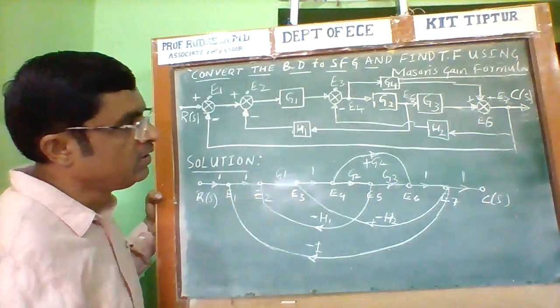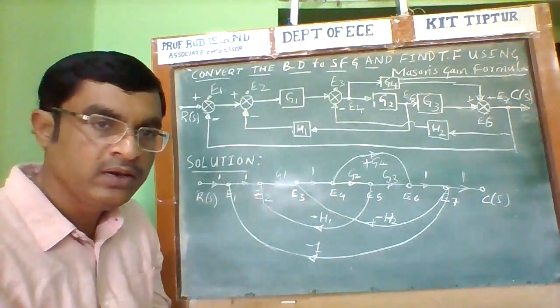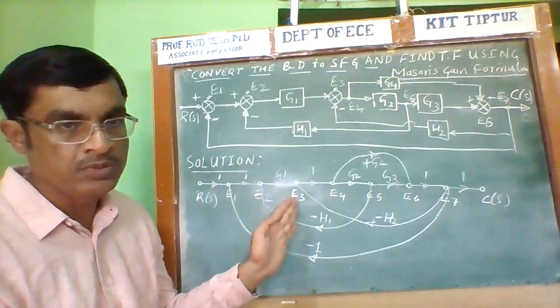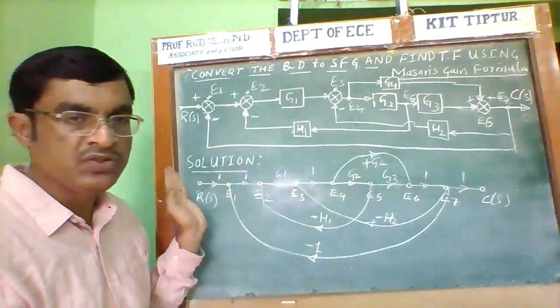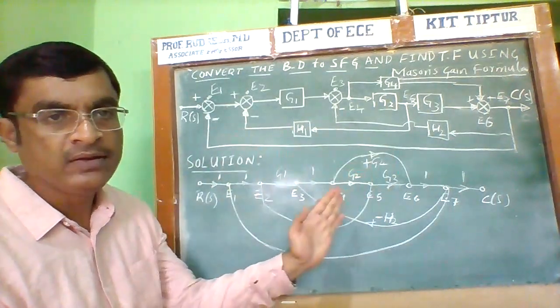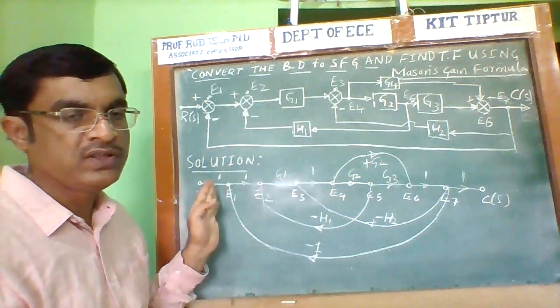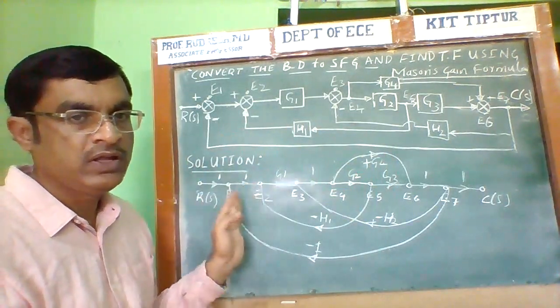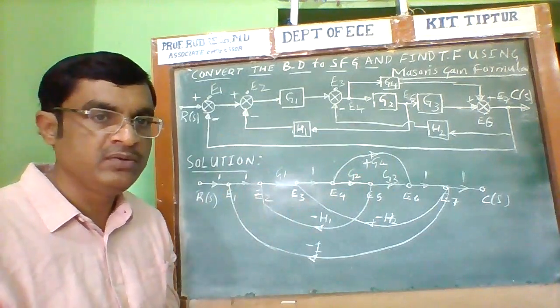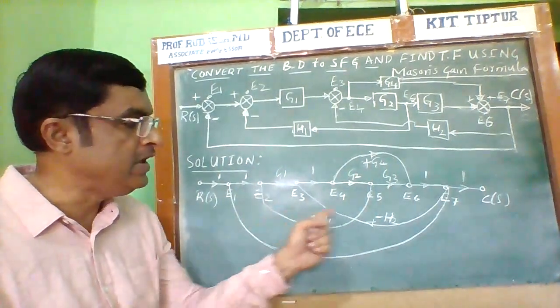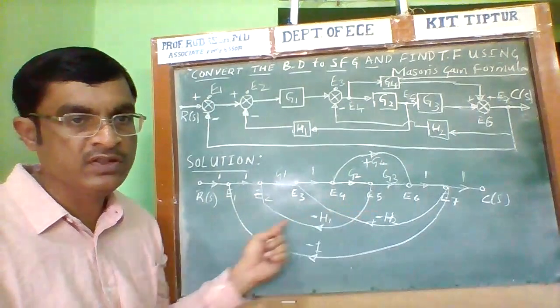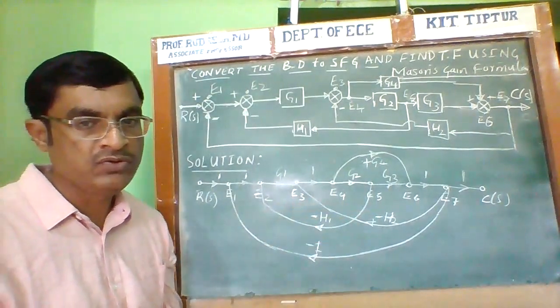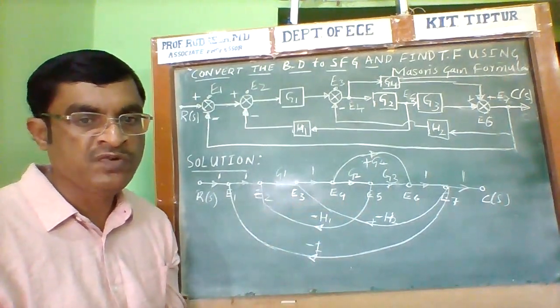This is the way we are converting. Then, by using Mason's gain formula, we can easily find the overall gain or transfer function of the system. In the next step, I'm going to explain how to calculate the overall gain of the signal flow graph by using Mason's gain formula.